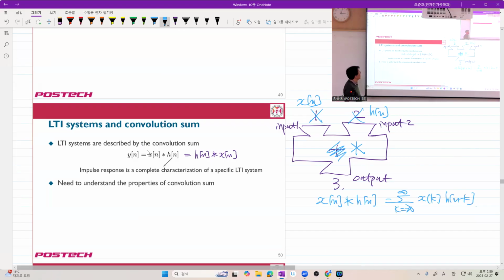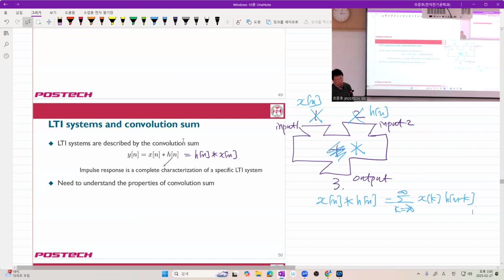Got it? And we already know that this output does not change even if we put h here and x here. And this property is very similar to our ordinary arithmetic operator addition, right? 1 plus 2 equals 2 plus 1, same thing.